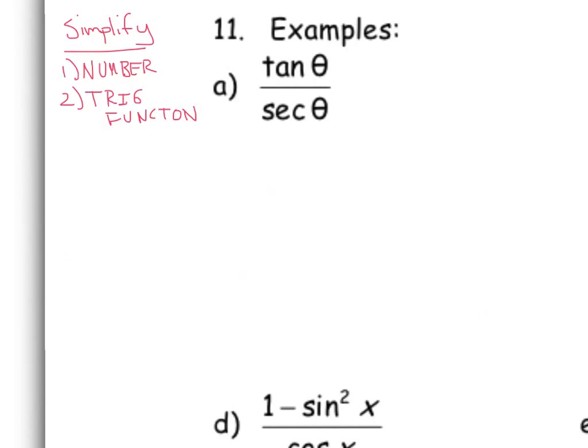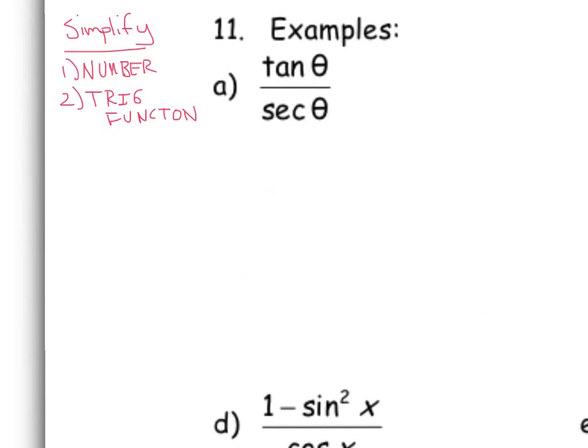Now, let me caution you on something. This unit is heavy on being able to add, subtract, multiply, and divide fractions. So if you have never been good at fractions, you are going to be great at it after this unit, because we're going to be doing a lot of that. Okay?